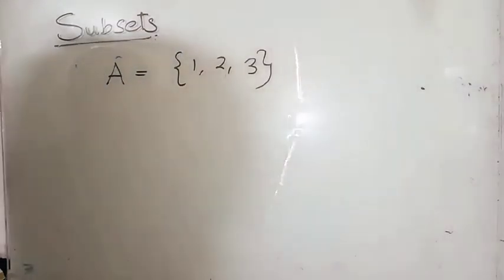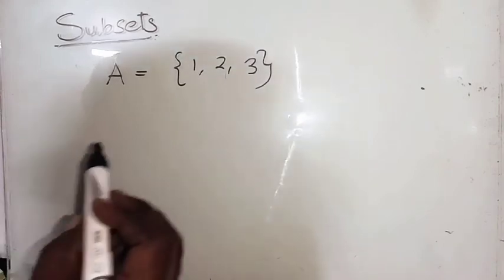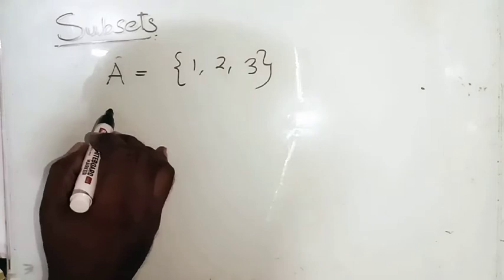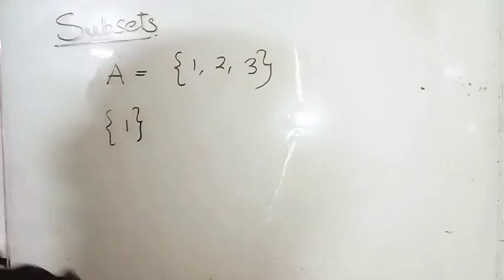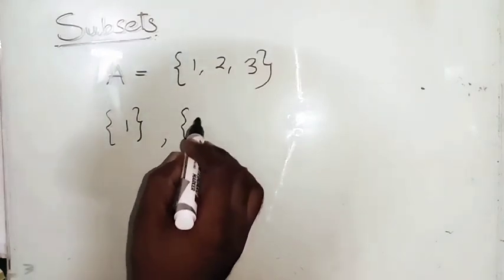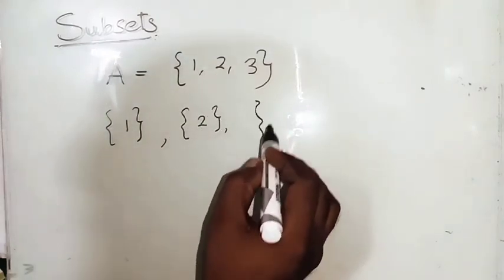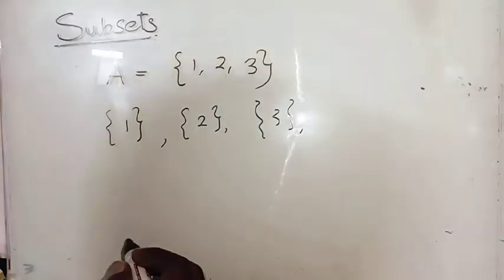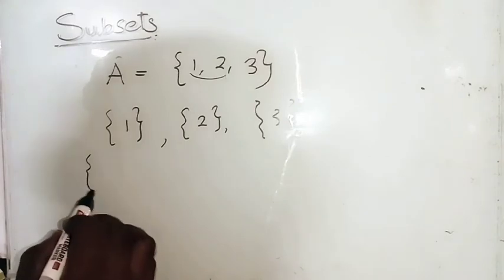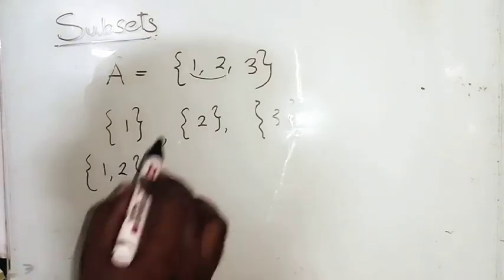Let us consider set A equal to {1, 2, 3}. Let's try to make all the subsets of this. If you take a part of the set, 1 is a subset of this set. Similarly, 2 is a subset. 3 is another subset. Can you make any more? Yes, set {1, 2} is within this set.